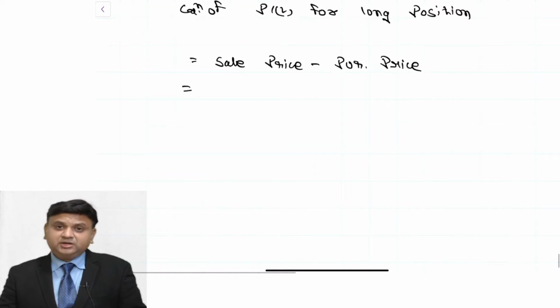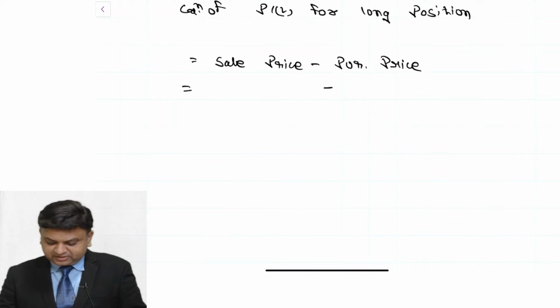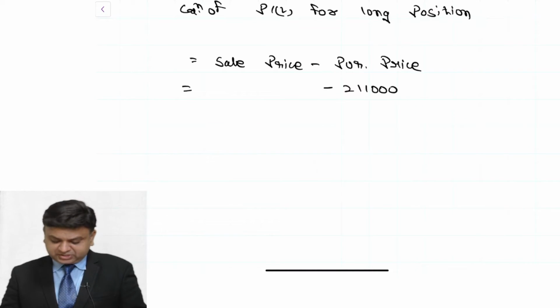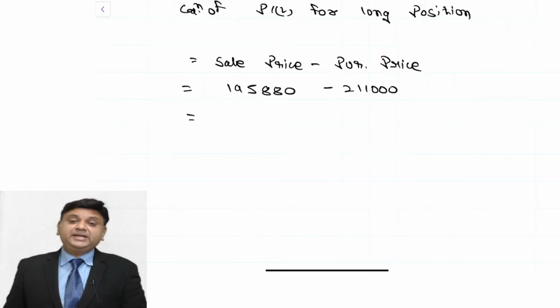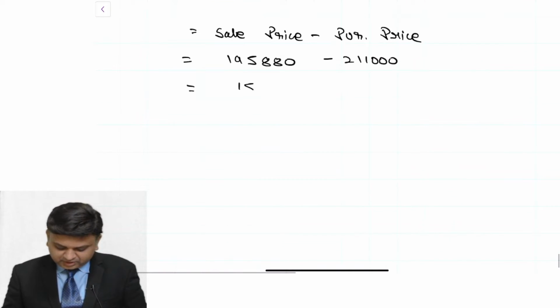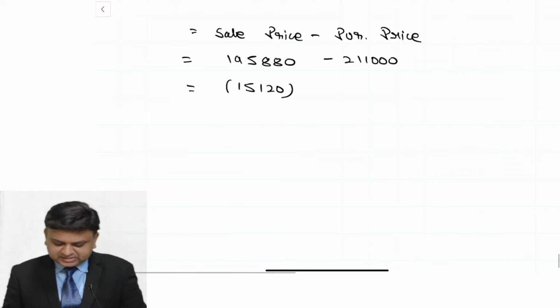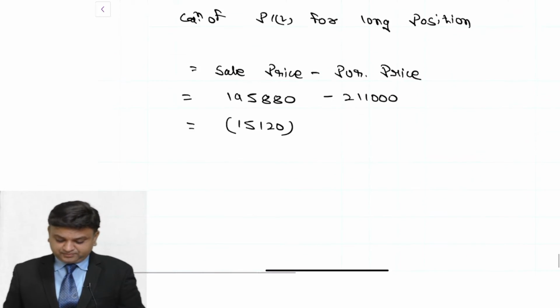You entered into the contract to buy at 2,11,000. Next day, if at all you square off the transaction, you will square off at 1,95,880. You may do like this because you are further anticipating decrease in the price. So unfortunately, the resultant figure is negative, so it is loss.